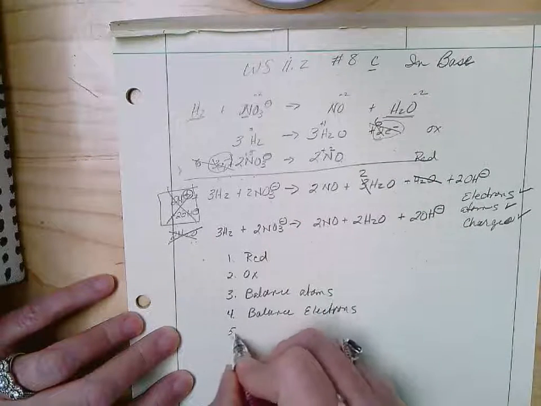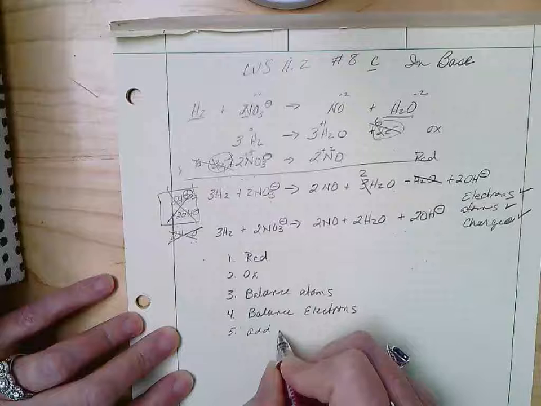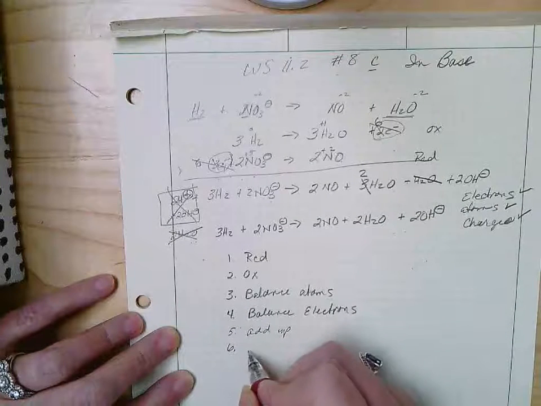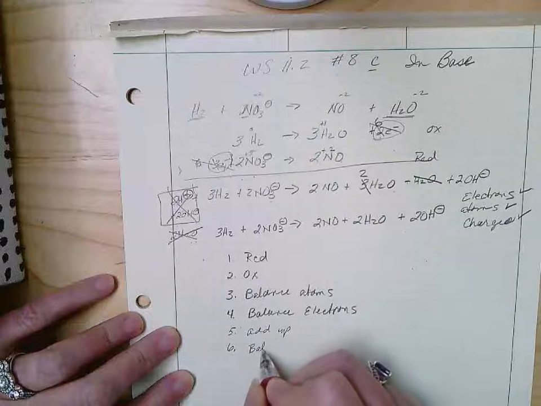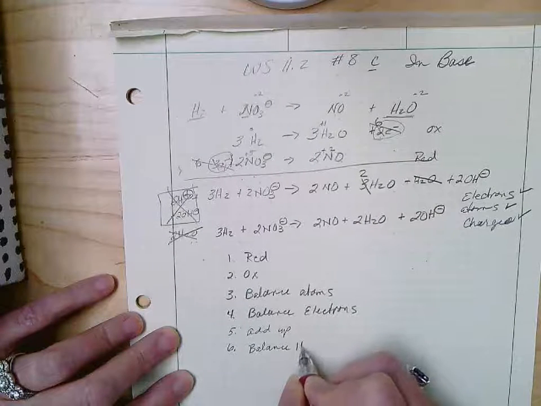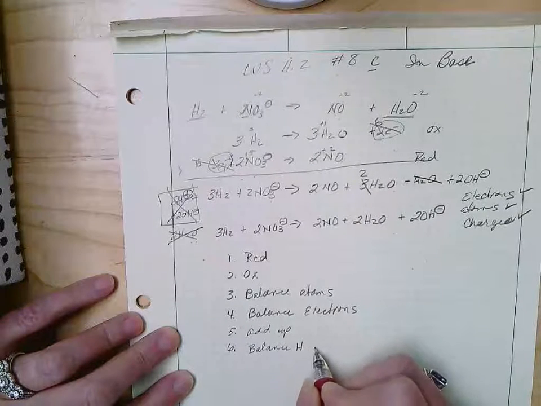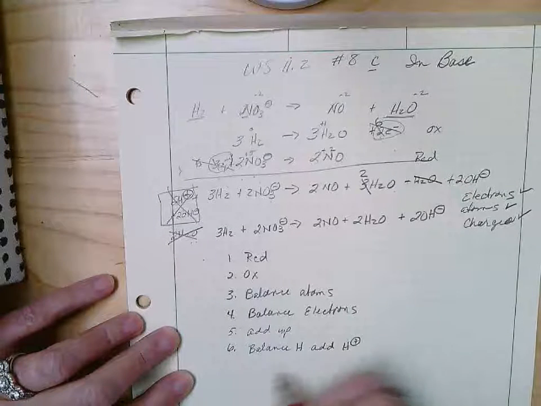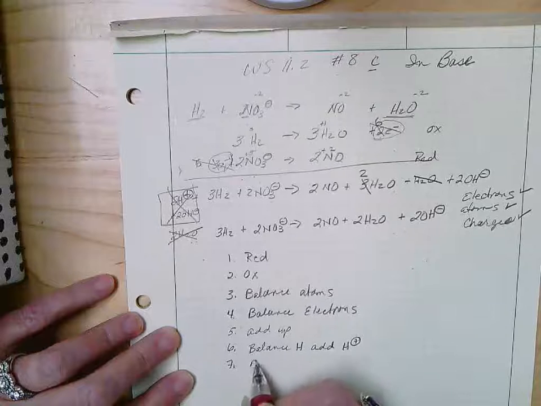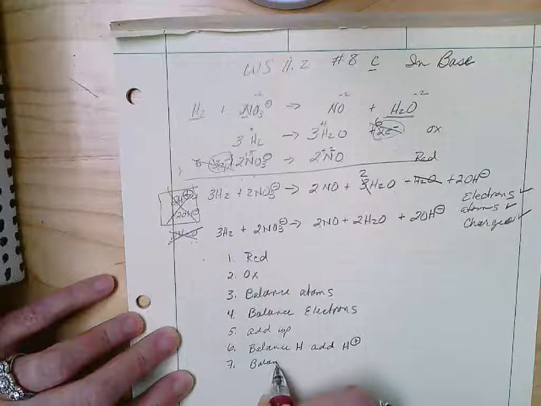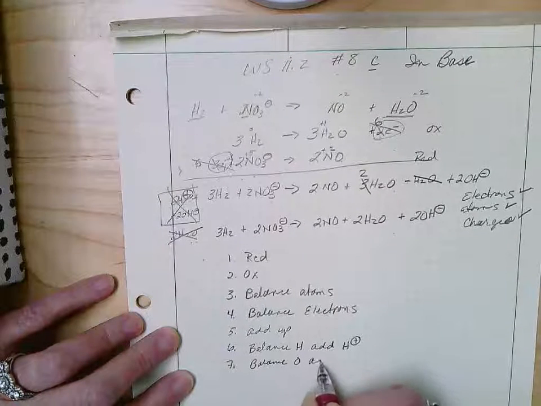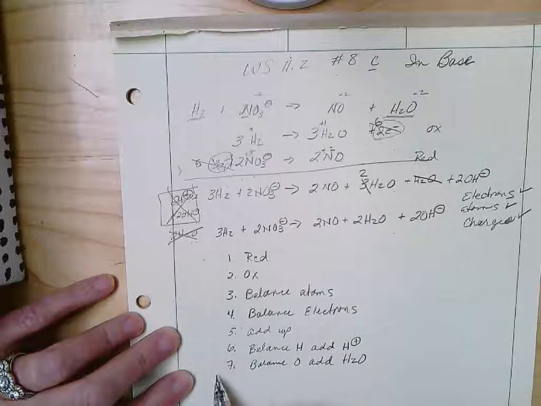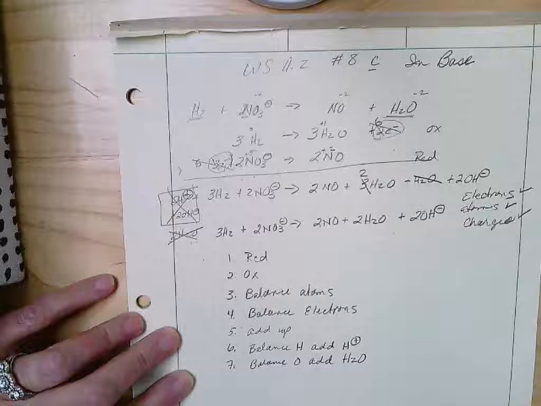Then you're going to add up. And then typically what you have to do at this point is balance hydrogens. And to balance hydrogens, you add H ions. And then you're going to balance oxygens by adding water.